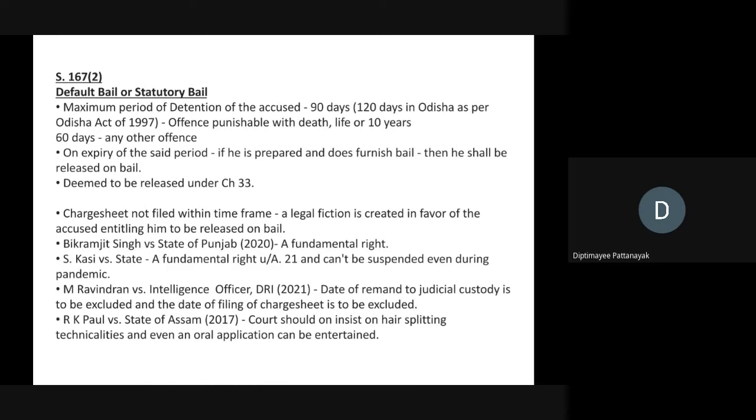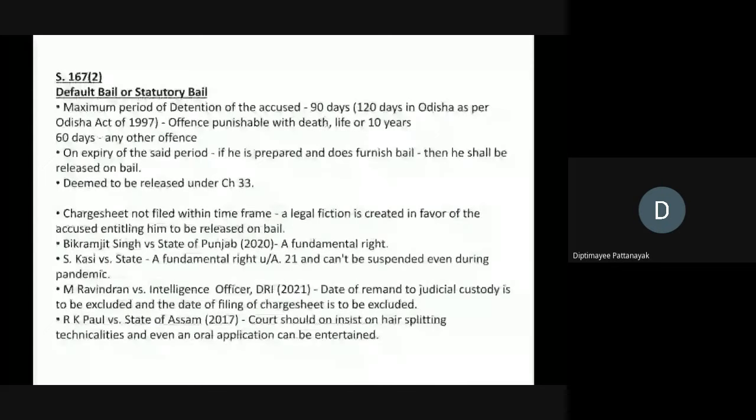The date of filing of the charge sheet must be included. So this is the legal problem we always face: what dates are to be included and what dates are to be excluded.